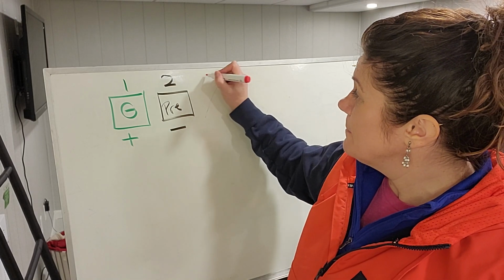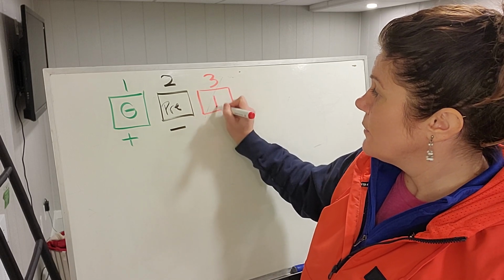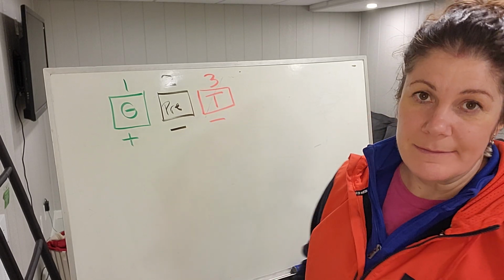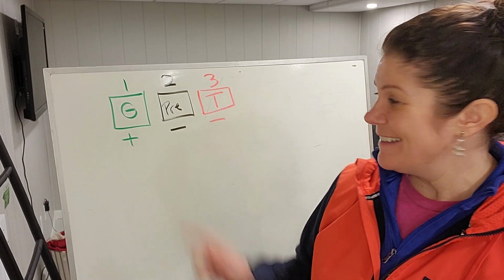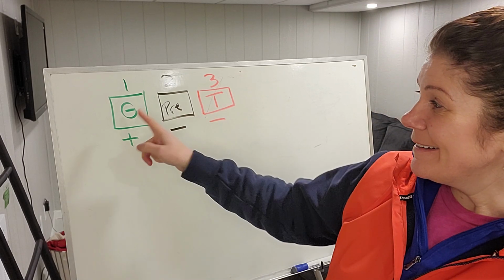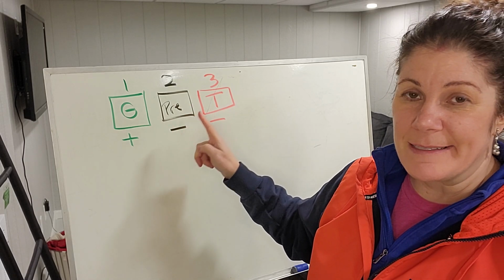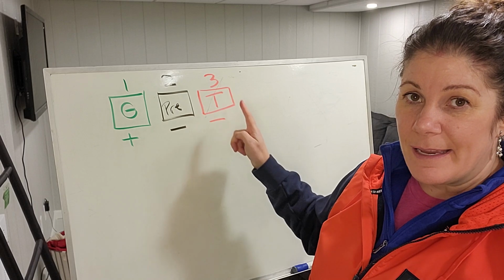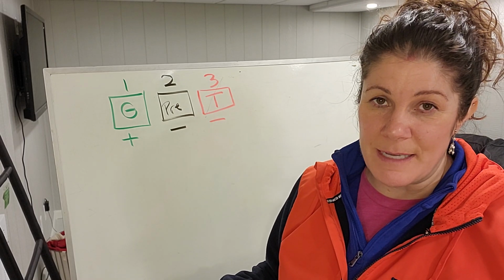So what comes next, as you can tell, are your taxes. Box number 3, we're going to put a big T in there. Those are your taxes. That's a negative. There's a couple negatives here. So box number 1, your gross income, minus your pre-tax deductions is the number that you're taxed on. So let's use a super simple example.